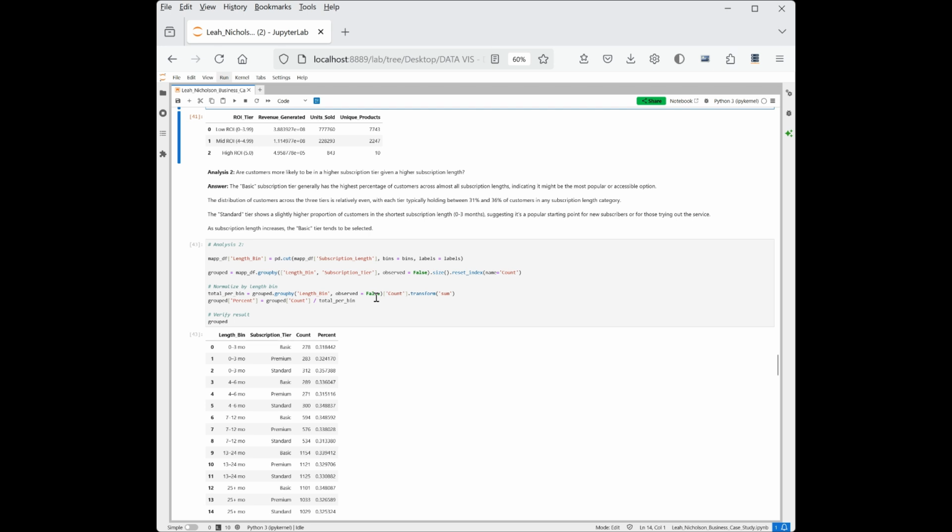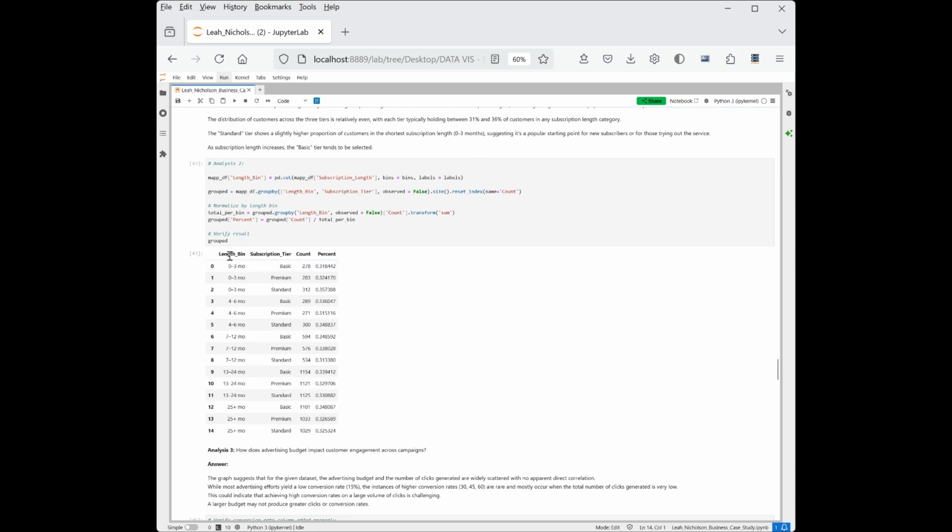And then for the analysis for this question, I found that by cutting the data, I was able to better create some insights. I was able to create a length bin column, which put a label on the subscription length, and then connected that to the subscription tier. And then I was able to have counts and percent breakdowns for that.